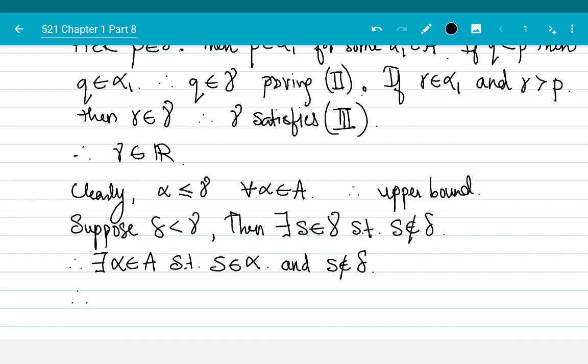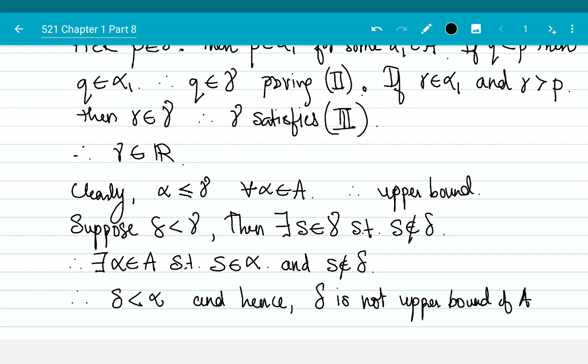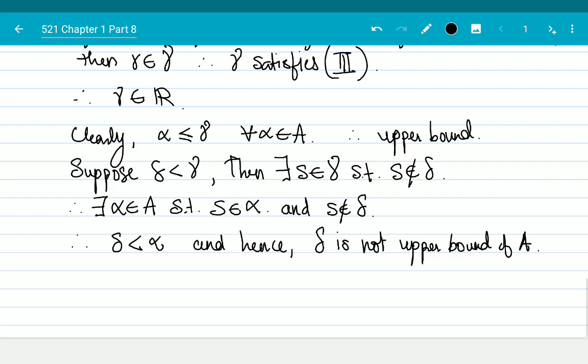Therefore, by properties of cuts before, we know that delta is smaller than alpha, and hence delta is not an upper bound of A, which means gamma is the least upper bound possible.